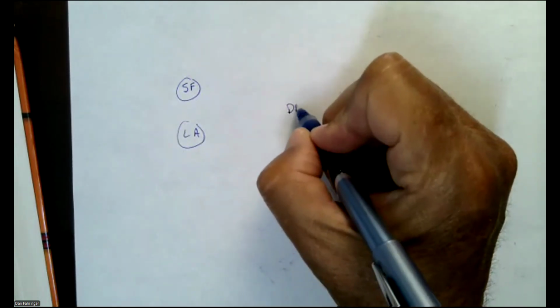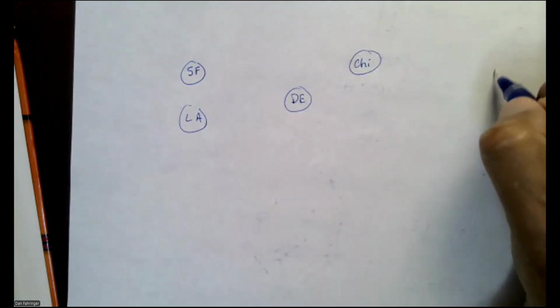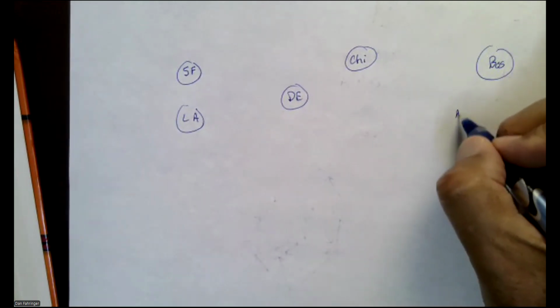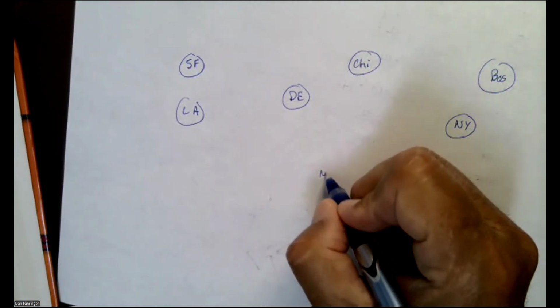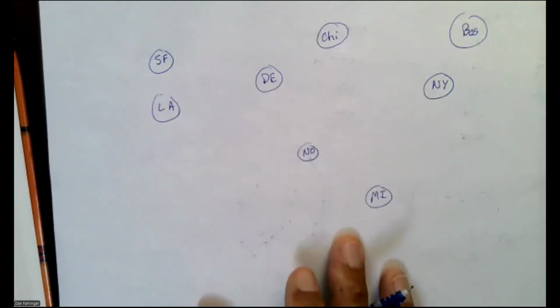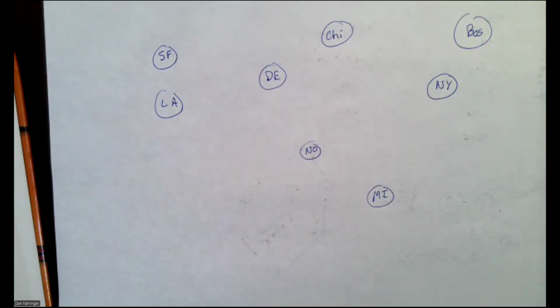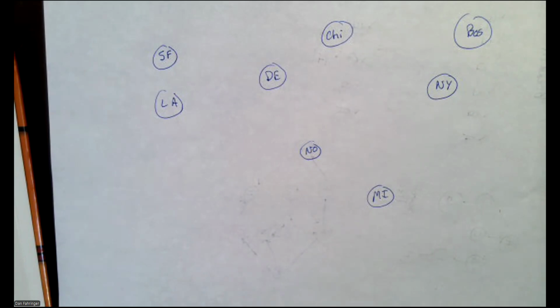We have Denver, we're going to stick here towards the middle of the country. Chicago is over here. Boston was in my data set. New York, Miami, and finally New Orleans. There were my cities: LA, San Fran, Denver, Chicago, Boston, New York, Miami, and New Orleans.